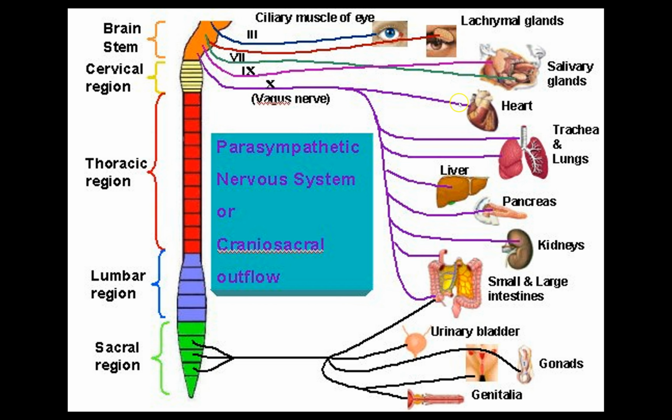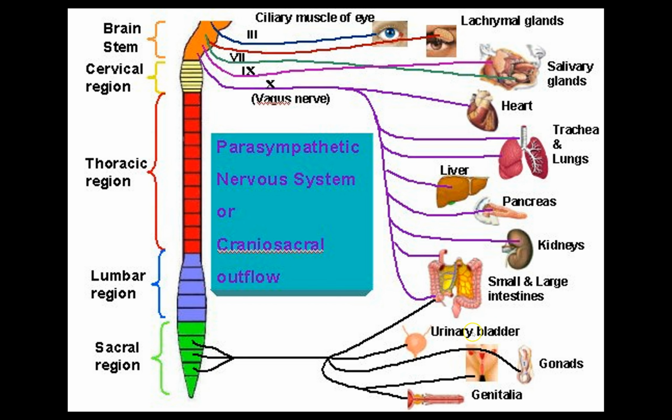The vagus nerve will slow the heart rate. The trachea and lungs would have some constriction of the bronchi; we don't need them dilated. The liver is not producing glucose, the pancreas is secreting pancreatic enzymes, and the liver secretes enzymes to digest. Gallbladder and small intestine: intestinal motility is good so that we can defecate.